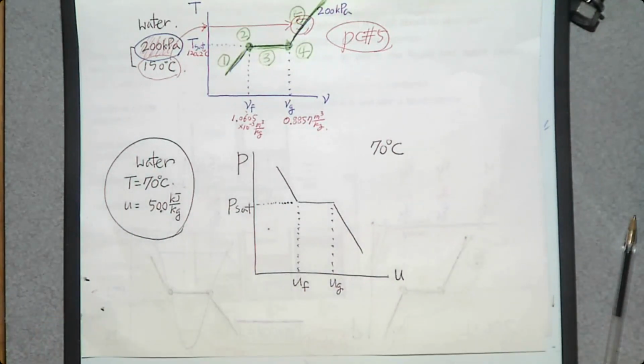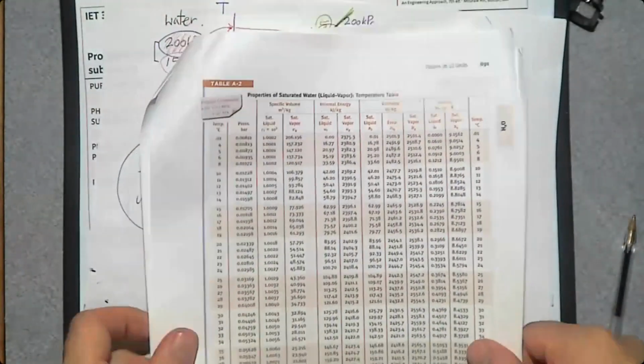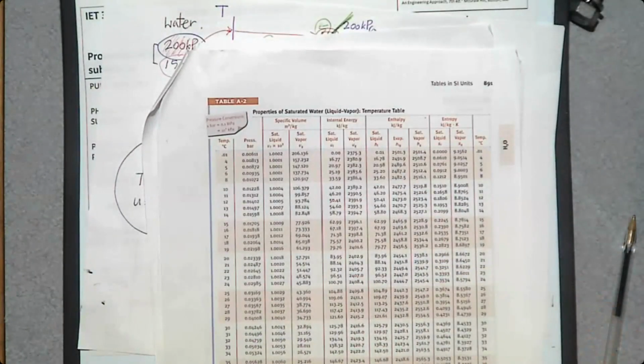Then where can you find P sat, UF, UG? From the saturated water temperature table, that is Table A-2. Here is Table A-2, properties of saturated water, temperature table.